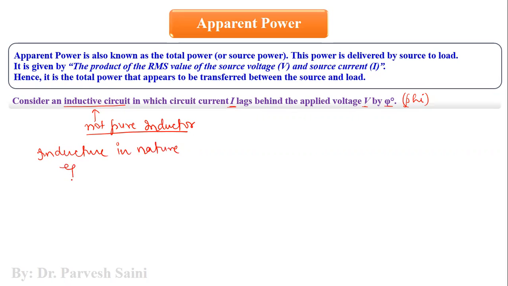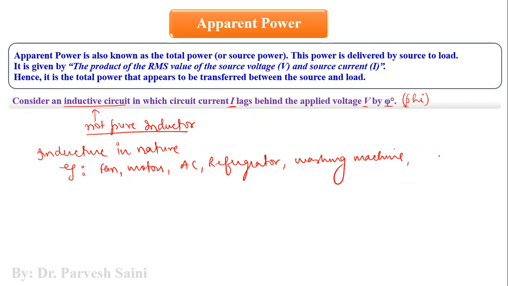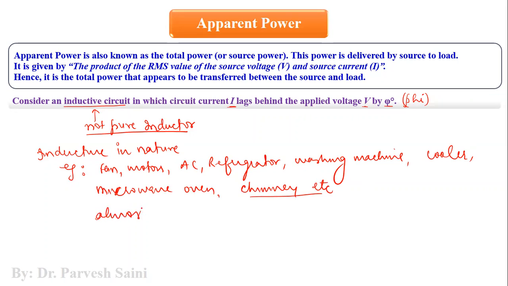For example, your fan, motors, AC, refrigerator, washing machine, cooler, microwave oven, chimney, etc. Almost all the electrical appliances are inductive in nature.